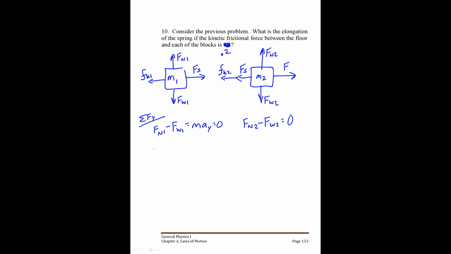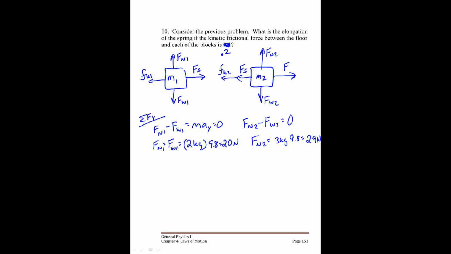All right, so Fn1 is equal then to Fw1. That's going to be m1, which is 2 kilograms times 9.8, which is 20 newtons. In a similar way, I can find Fn2 is going to be 3 kilograms times 9.8, which is 29 newtons.